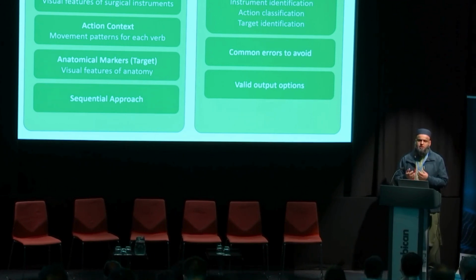So we provide a bit of context information where we try to teach the LLM about the context of the surgical procedure, about the tools, about the tissues, and following this, we then simply provide the analysis prompt, which is to identify the three different things.